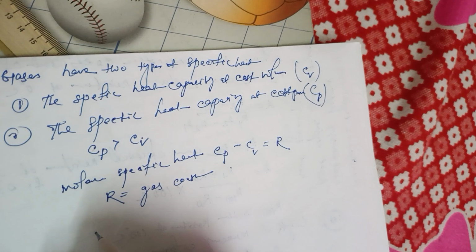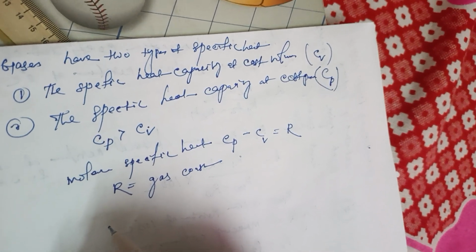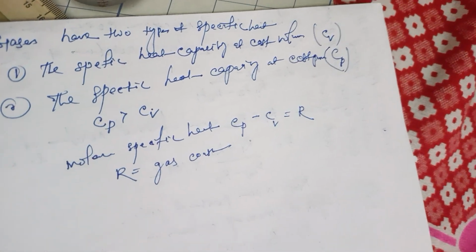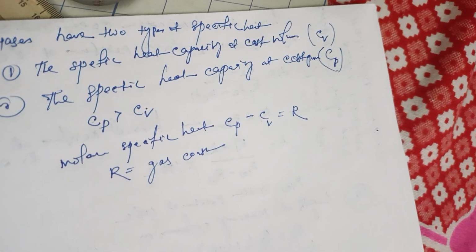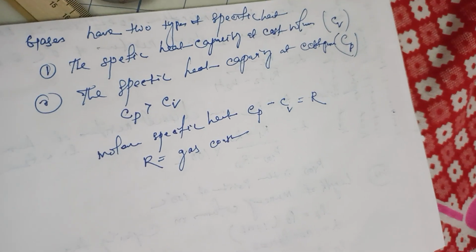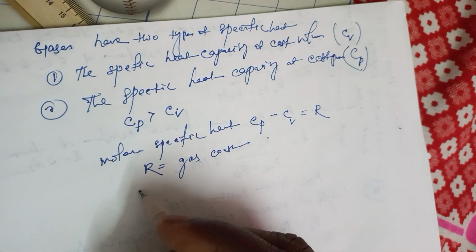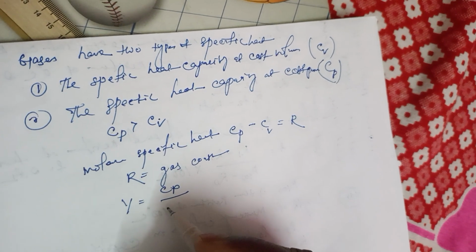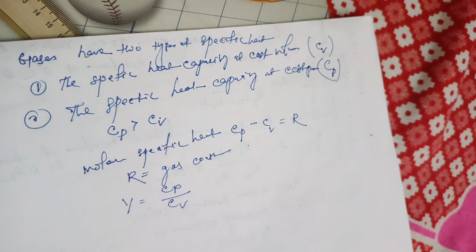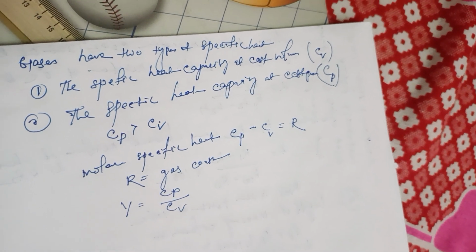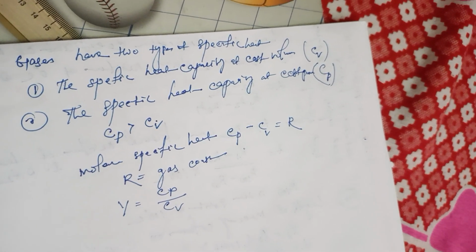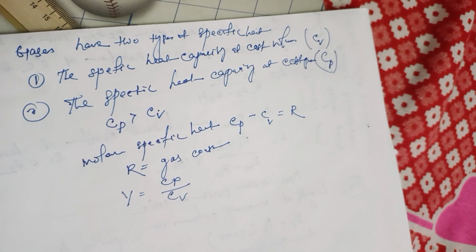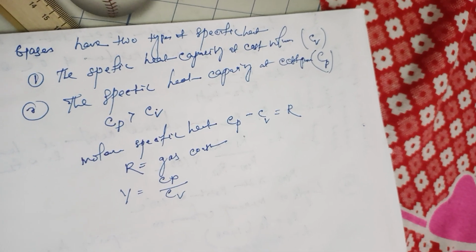The ratio of the two principal specific heats of a gas is represented by gamma. Gamma is equal to Cp by Cv. The value of gamma depends on the atomicity of the gas.